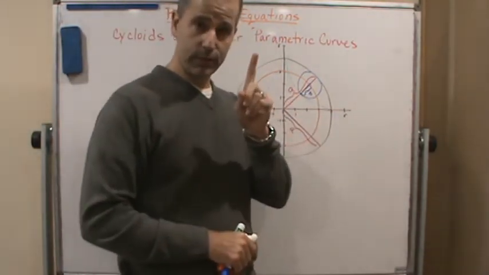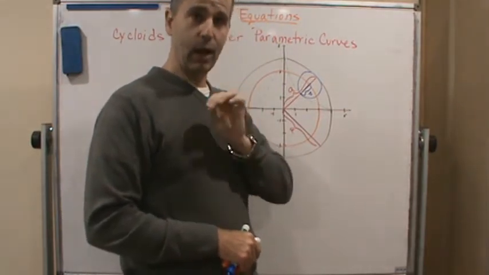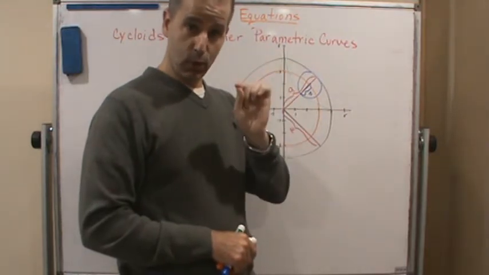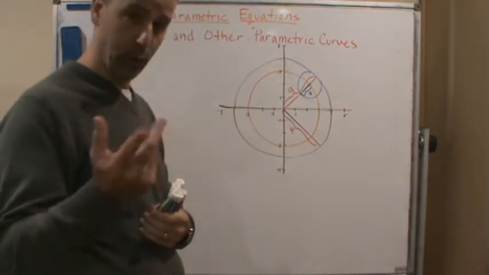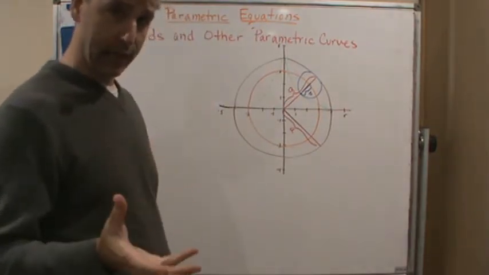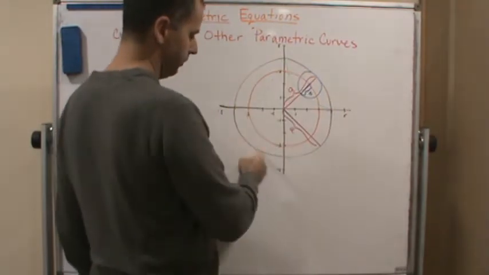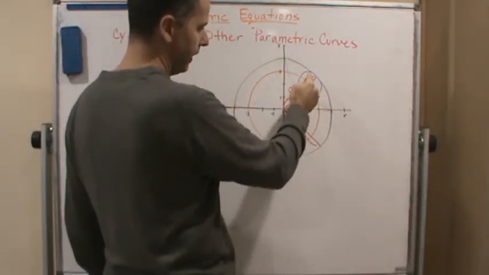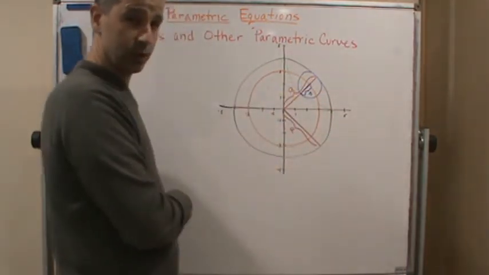The first piece is what's going on with the center. Again, we're going to figure out how the center is behaving as it moves, and how the point along the edge of the smaller circle is behaving. In a hypocycloid, we have a larger circle, and we have the smaller circle in blue that is rolling along the inside edge of the larger circle.